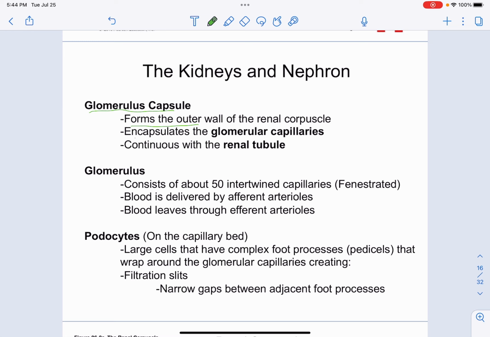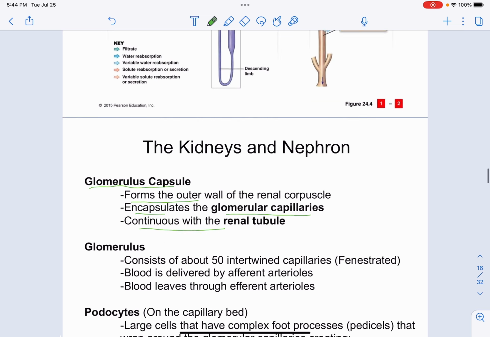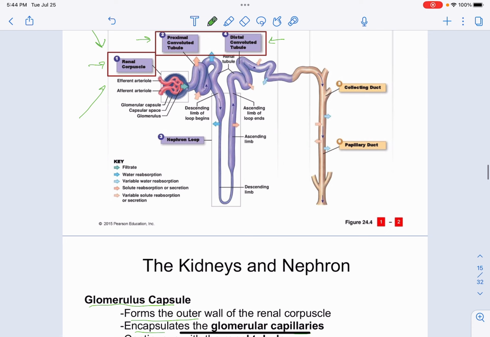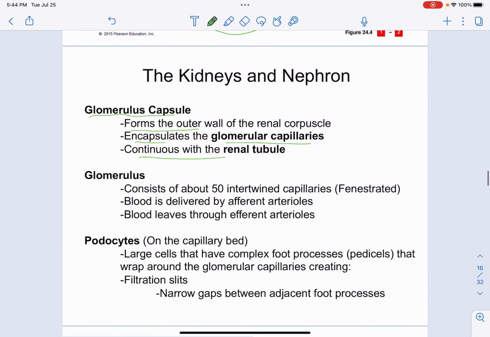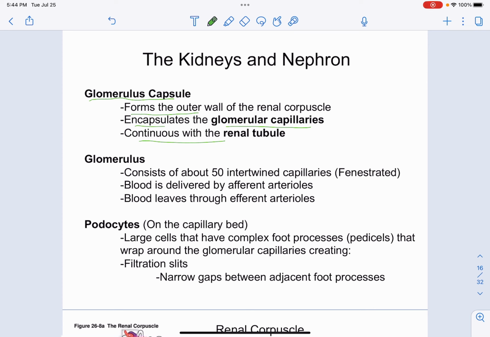Inside the capsule are the glomerular capillaries. That's just what they're called, but it's a capillary bed where the filtration is actually going to occur. And this is going to be continuous with the renal tubule. You can look back here and see this renal corpuscle is continuous with all of these tubules. So let's break this down and start talking about it.